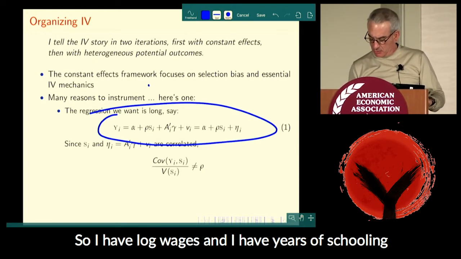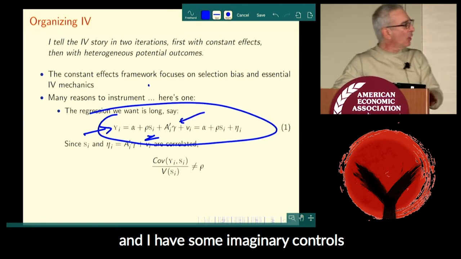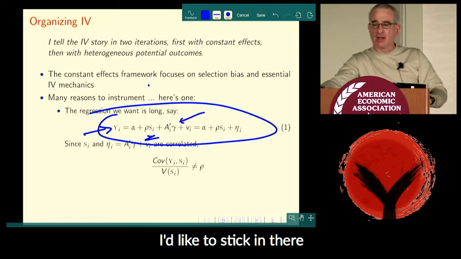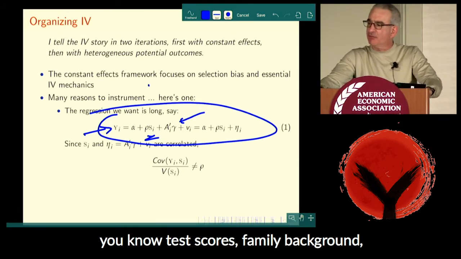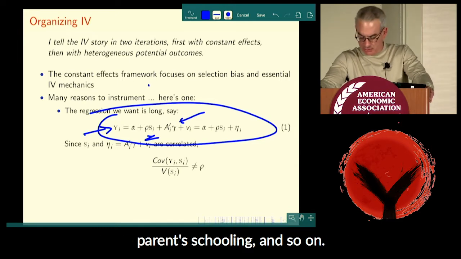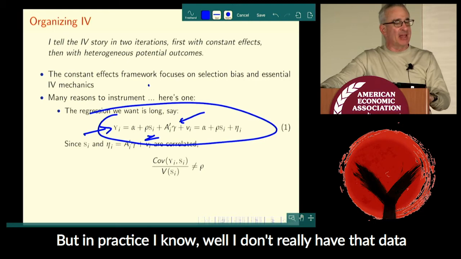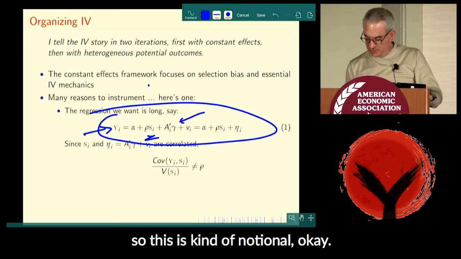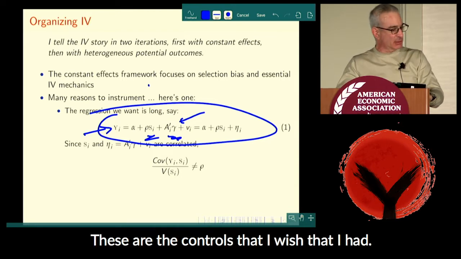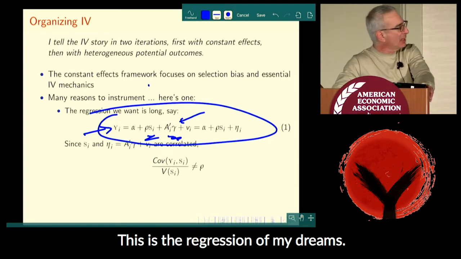So I have log wages, and I have years of schooling, and I have some imaginary controls I'd like to stick in there. And these are the kind of the controls that we saw in that NLSY table, you know, test scores, family background, parent schooling, and so on. But in practice, I know, well, I don't really have that data, or I'm not really sure what the right test is. So this is kind of notional, okay? These are the controls that I wish that I had. This is the regression of my dreams.